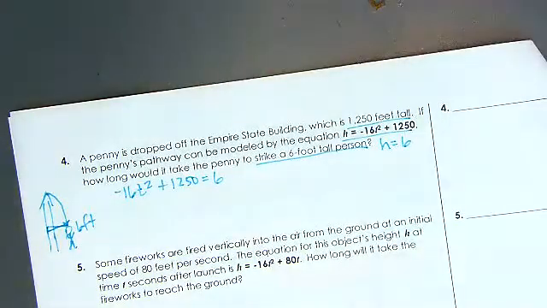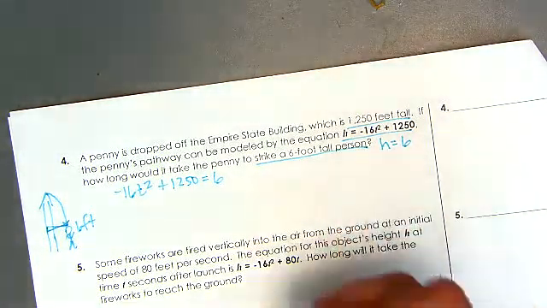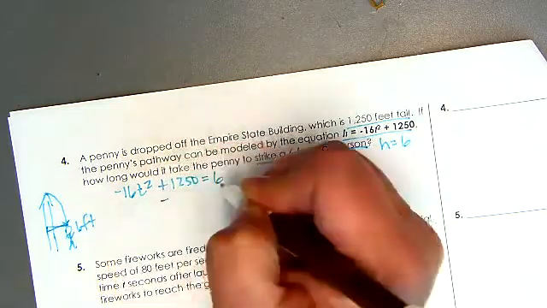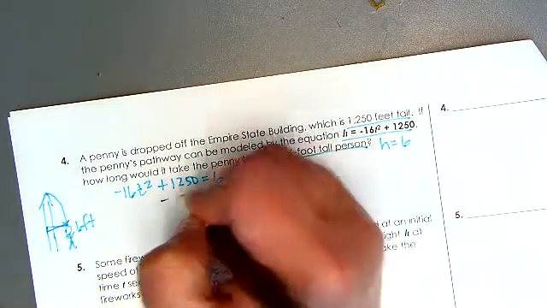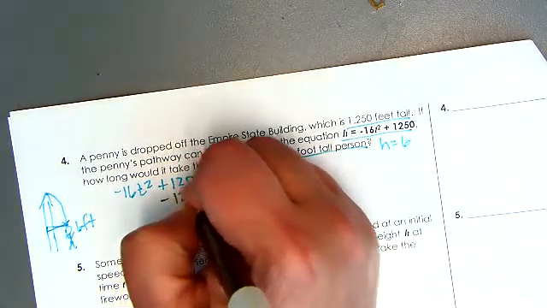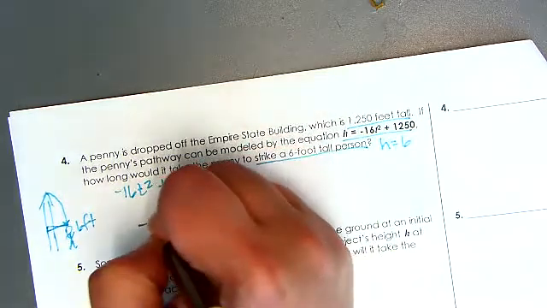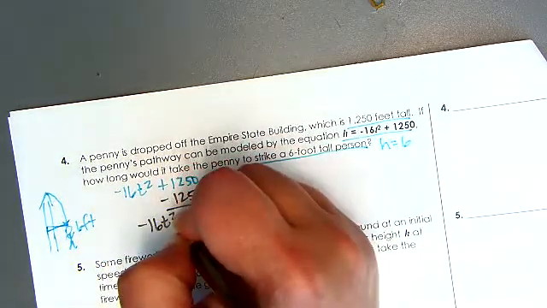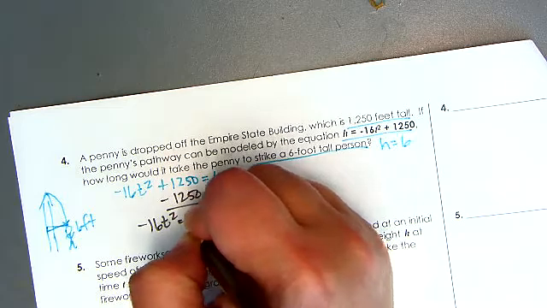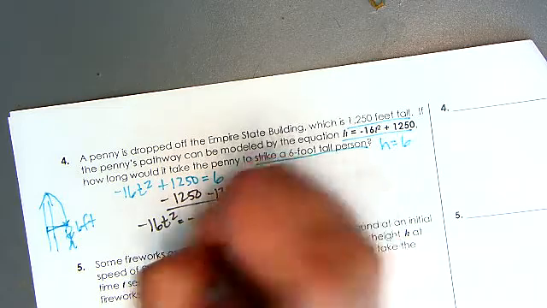And now we solve. So I'm going to subtract 1250. That gives me negative 16t squared equals negative 1244.